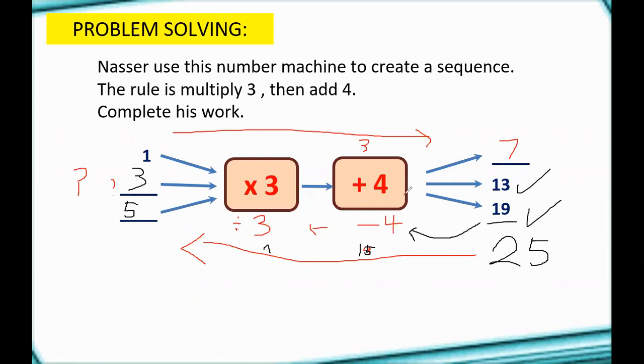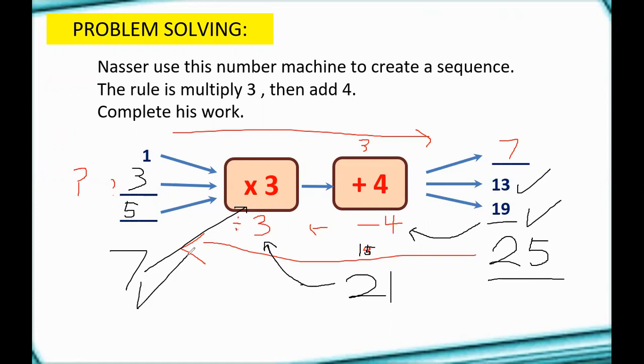So if we are going to subtract 25 minus 4, what will be the answer? 25 minus 4 is 21. Okay, divided by 3 is, what will be now? 7. So let's check if our answer is correct. 7 times 3 is 21. Plus 4 is 25. So our answer is correct.